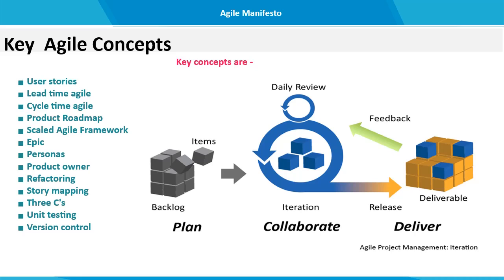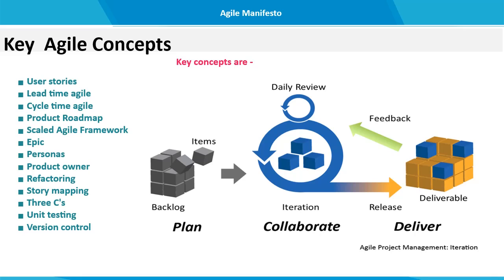Scaled Agile framework, or SAFe, is a framework used to adopt Agile on an enterprise scale. Then comes Epic. An Epic is a larger part of a functionality or requirement that can be further broken down into user stories.